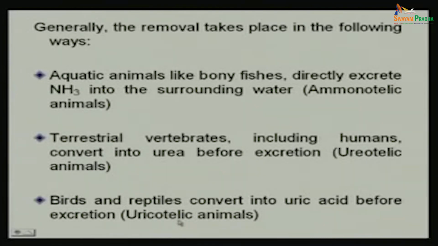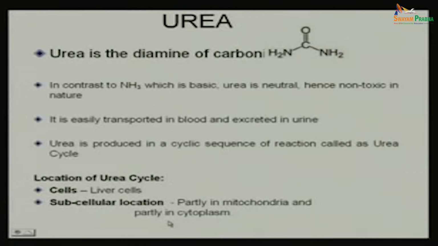In the case of birds and reptiles, they convert ammonia to uric acid before excretion, and that group of animals are called uricotelic animals. So these are the different variations. What we have learned is that ammonia can be released directly from the body, or it may be converted to urea, or to uric acid, and it goes out of the system to the surrounding environment.